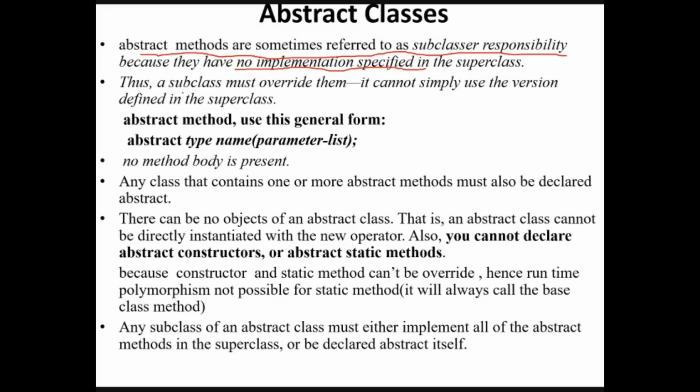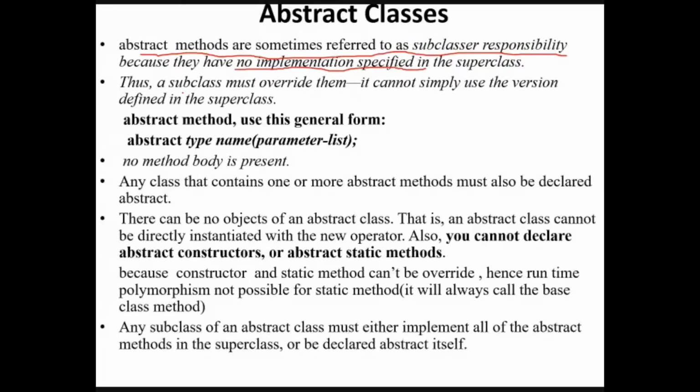Somewhat correct, but the actual definition is not correct. If I do not override the pure virtual function in the derived class, then the derived class also becomes an abstract class. I cannot create an object for the derived class either. If I override it, then only can I create an object for the derived class.